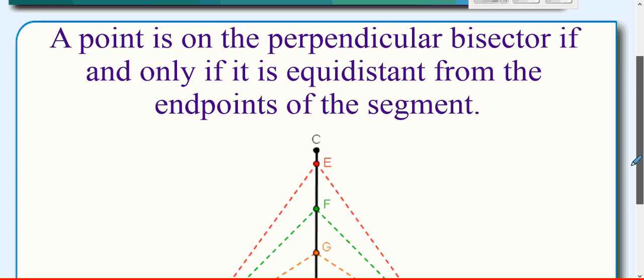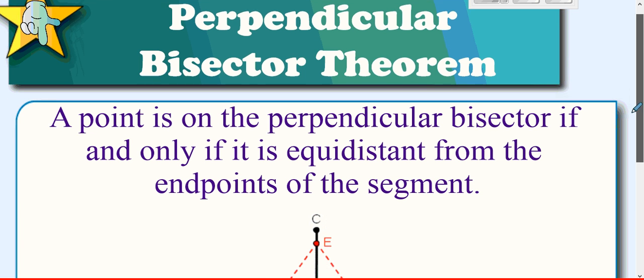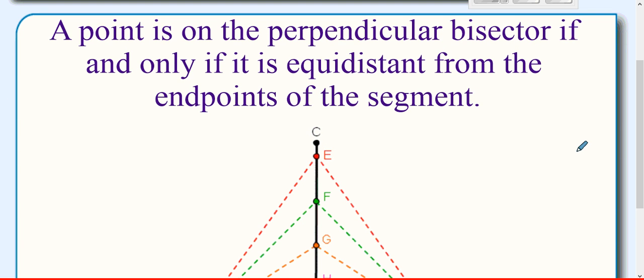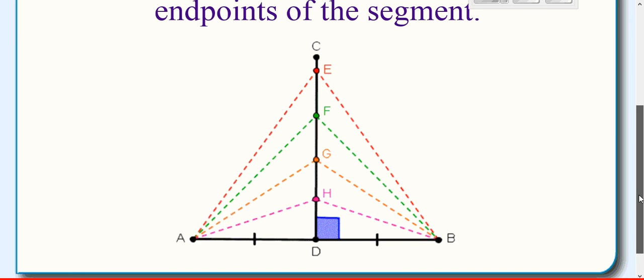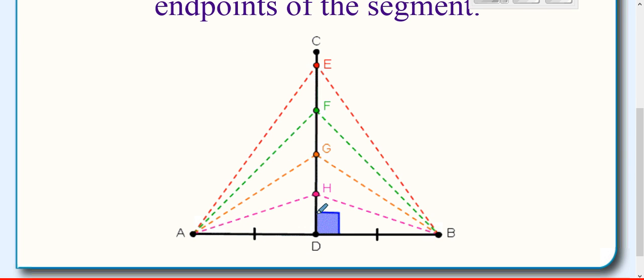So that actually leads us to this theorem right here, the perpendicular bisector theorem. A point is on the perpendicular bisector if and only if it's equidistant from the endpoints of the segment. So if it's a perpendicular bisector, it means you get the two tick marks, the two congruent sides, and a right angle.